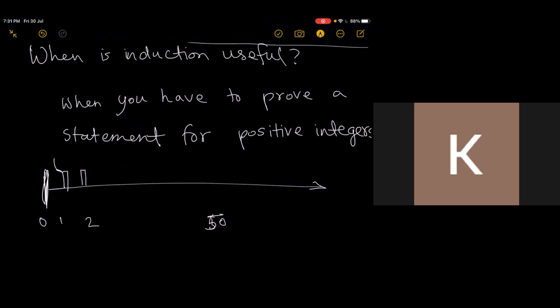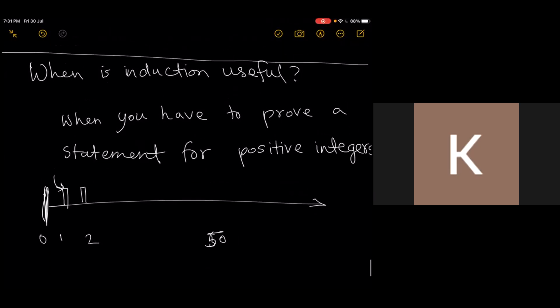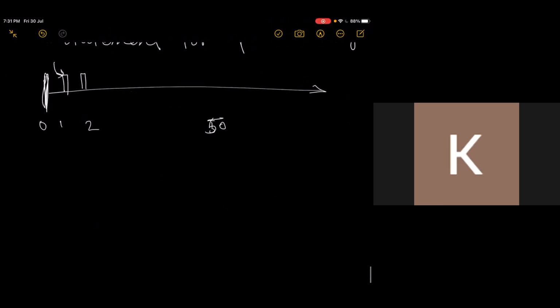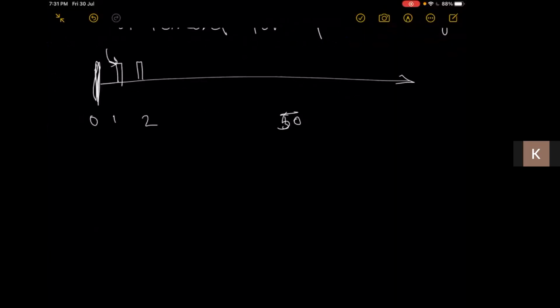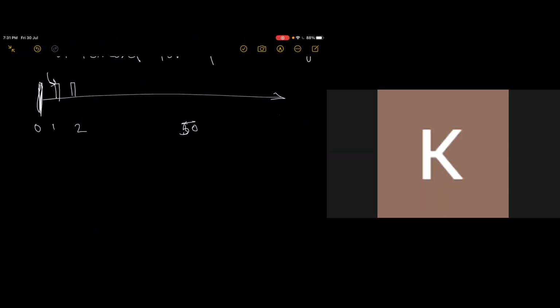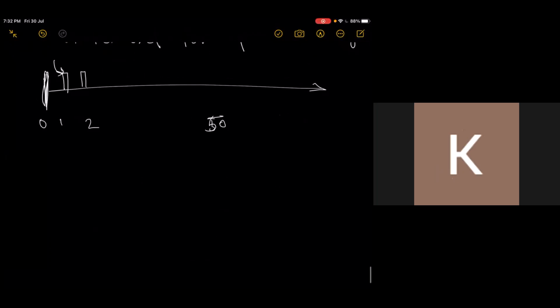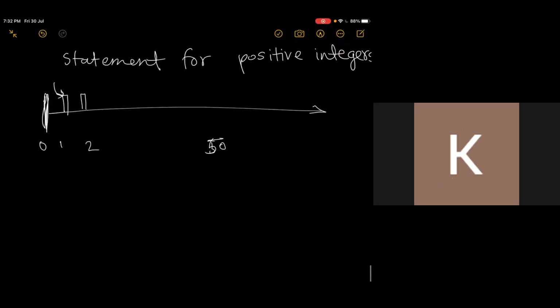Which domino you have to push, that is the base case. It will not always be the first statement which is true. It can be the seventh statement which is the base case, with n equal to 1 to 6 being false also. You have to think a bit. It is not always very simple, as someone said.